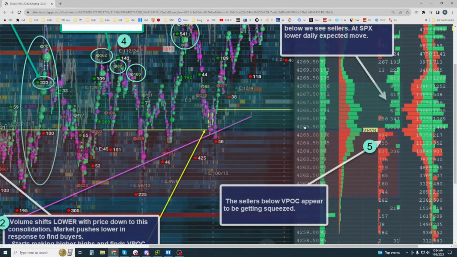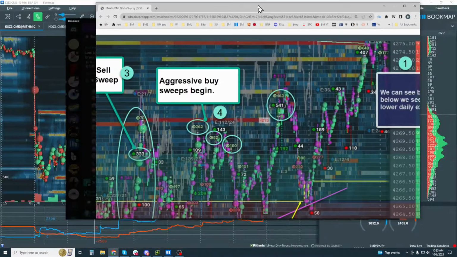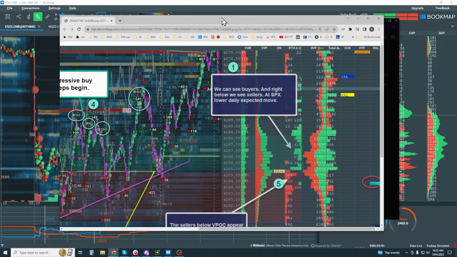So if you can get buyers back up above this area in here, this means that all of these guys are likely going to get squeezed, as he notes here. Yeah, that fueled the move to the upside. So in all of the setups we're looking for, this is one of the components we're looking for, is trapped traders. Okay? It just makes the setup easier for us. And we want to be on that side.